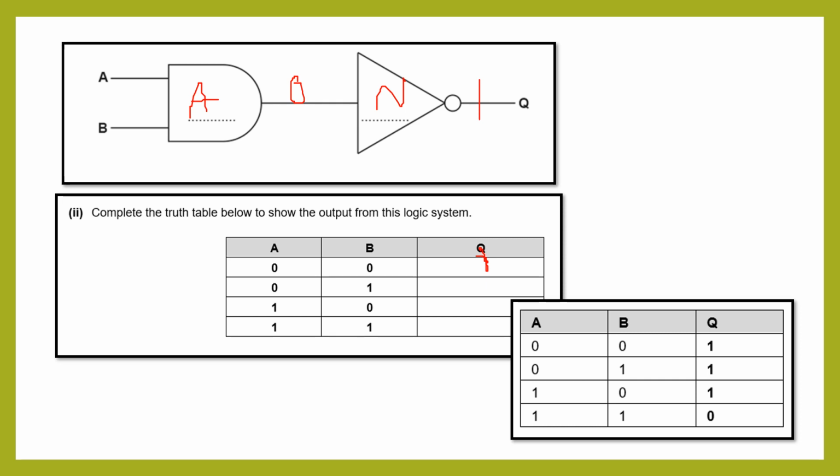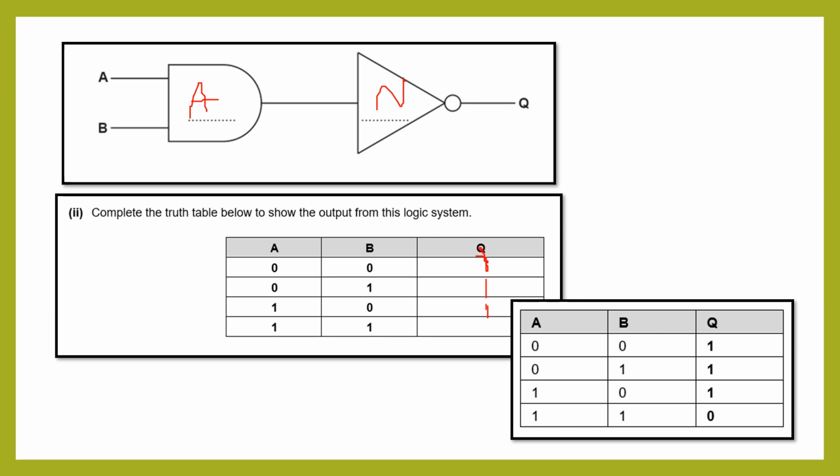Again, look, A and B have to both be positive. So 0 there means that's 0, which means that's 1 because it goes to a NOT. 0 here, 1 here, whatever order of those two you do, it would always equal a 1. The only one that's tricky is if they're both on. So we'll run this one through. Let me rub these out so you can see them.